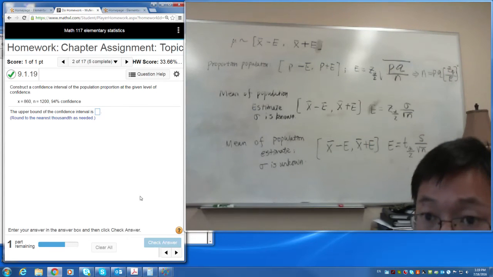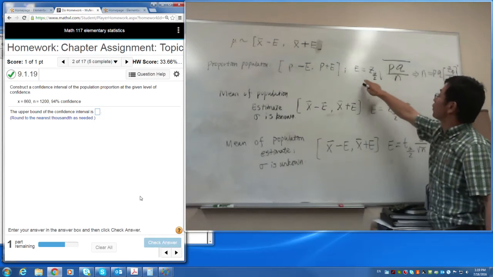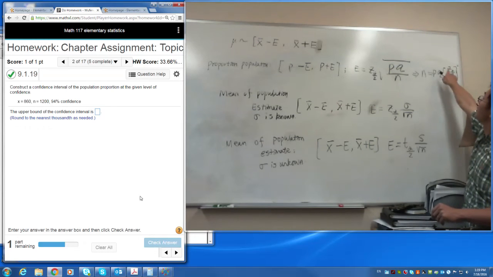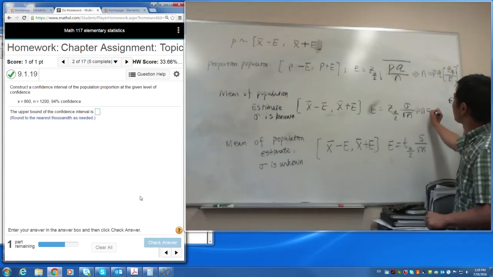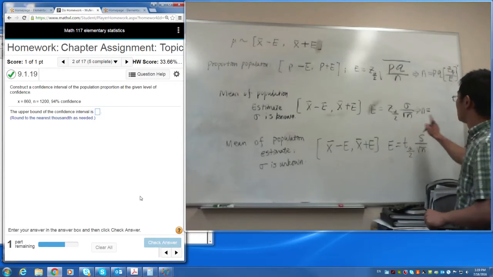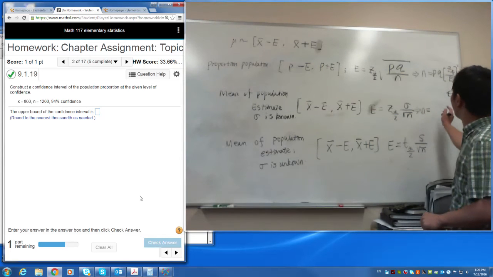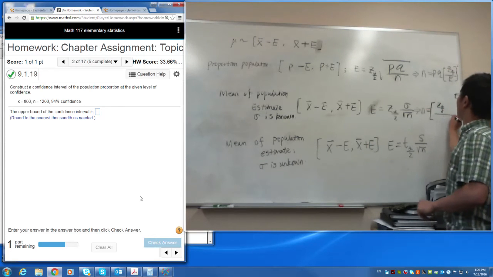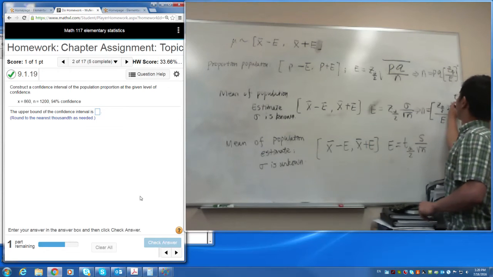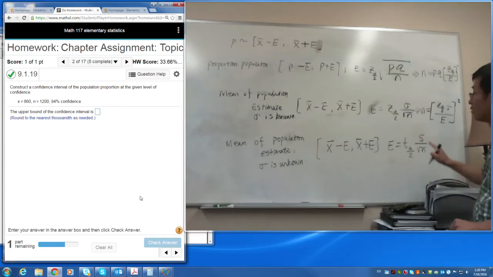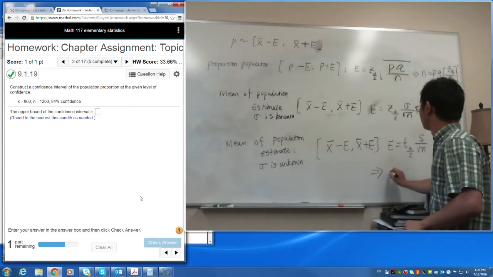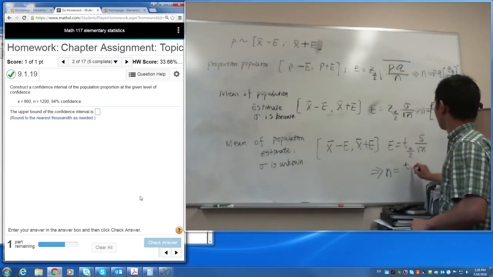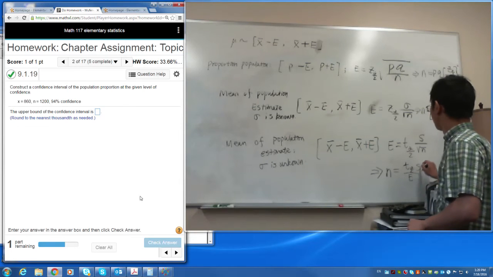From the second one, solve n the same way: n equals Z alpha over 2 times sigma over E, squared. From the third one, you can solve n equals t alpha over 2 times S over E, squared.